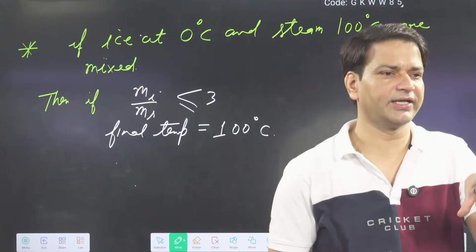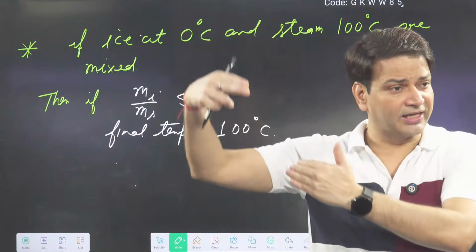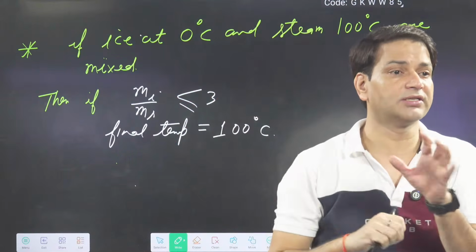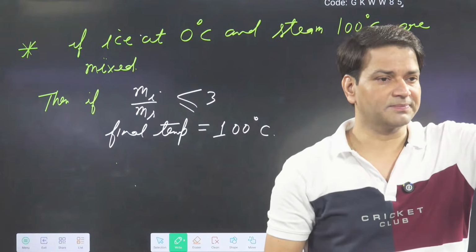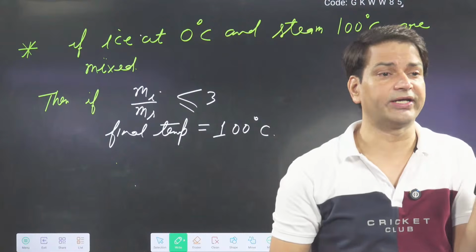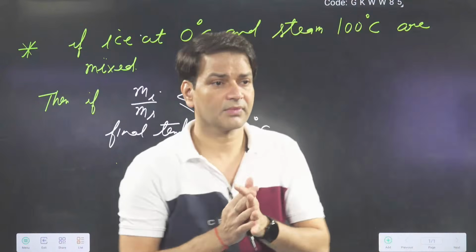So you get around 180 mi. And the steam will get condensed, it will give 540 into ms. So 18 3s are 54, from that I got this relation. So mi by ms is less than or equal to 3, then the final temperature is 100 degrees C. Everybody getting or not?